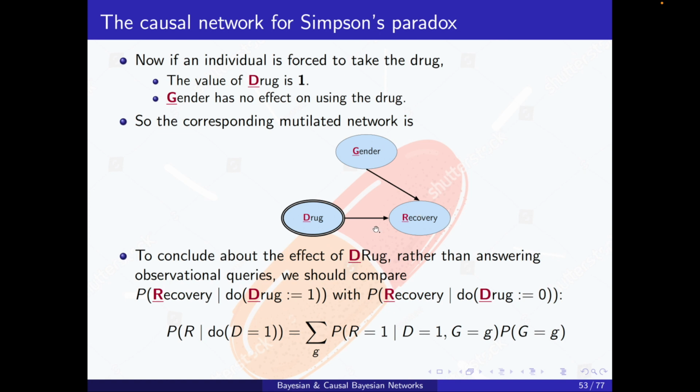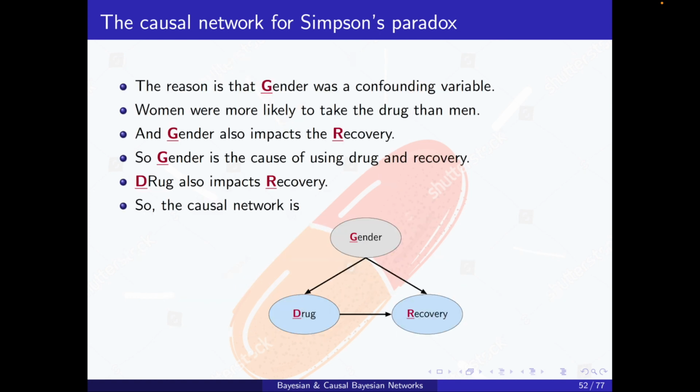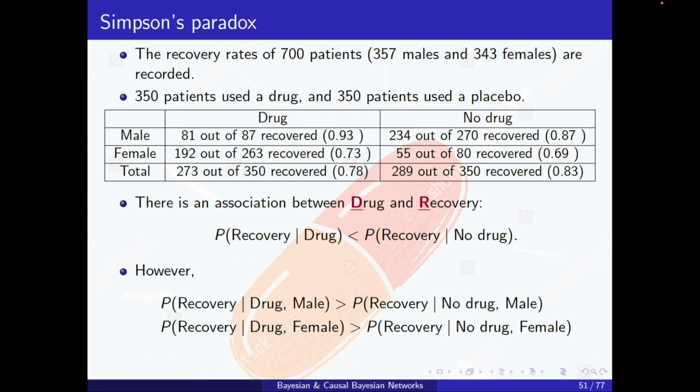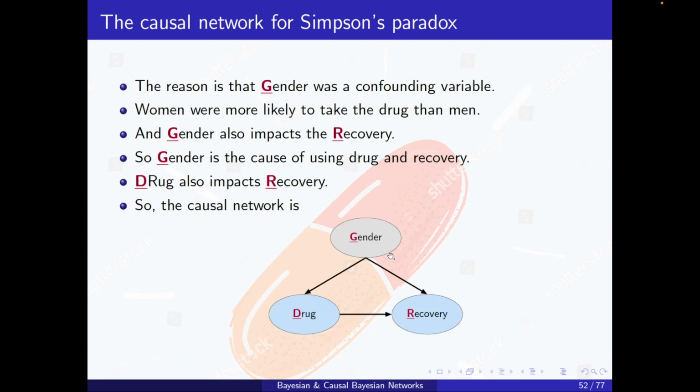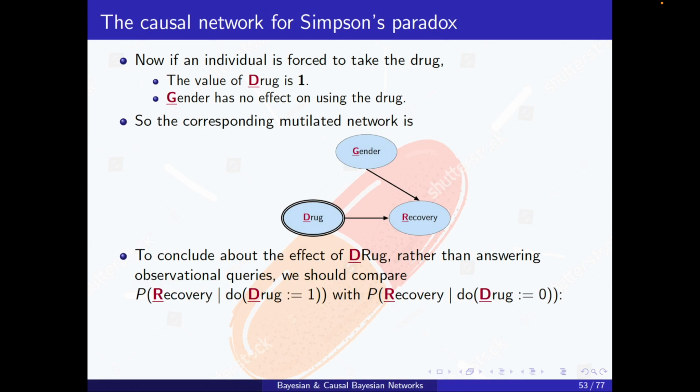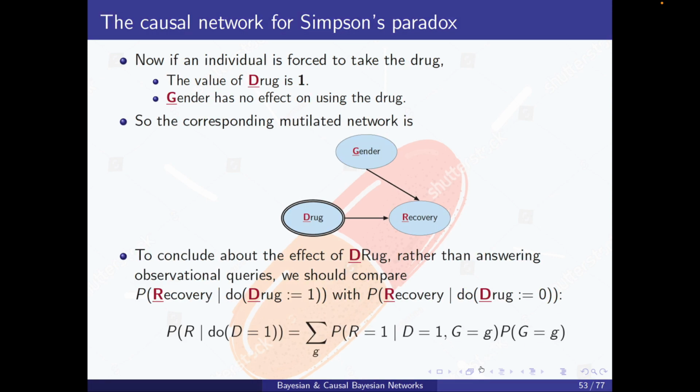If I didn't have the gender in the table here, if it was truly unobserved, if these were not recorded, if we just had this last one, then we couldn't really answer the intervention query, because I could not replace the values of these CPDs here. And that's the difficulty that a hidden variable can bring, a common cause or a hidden cause.